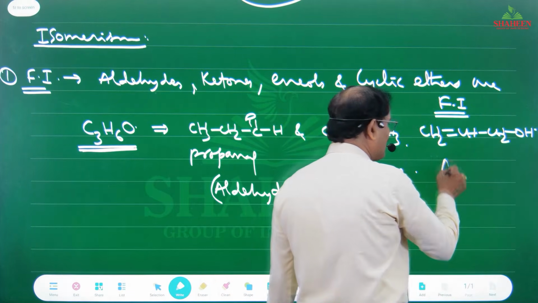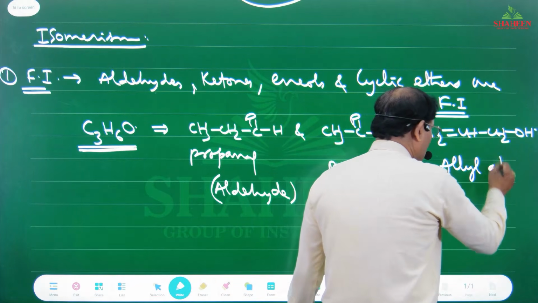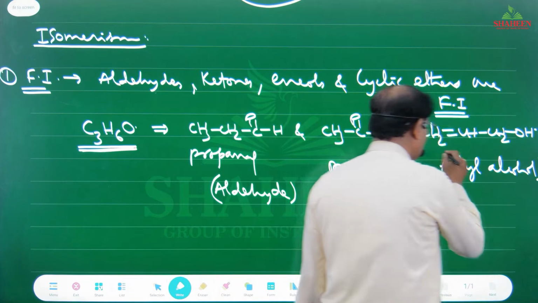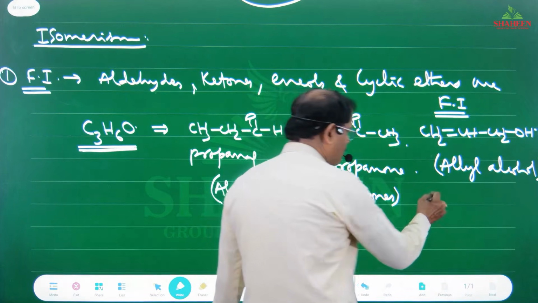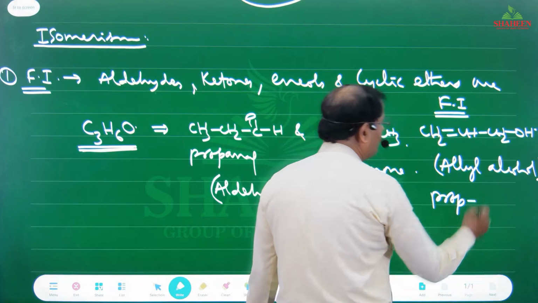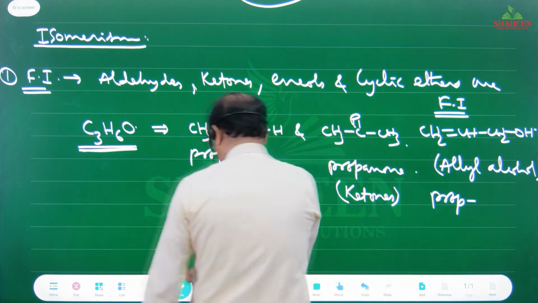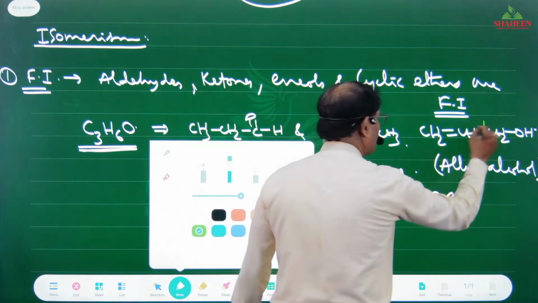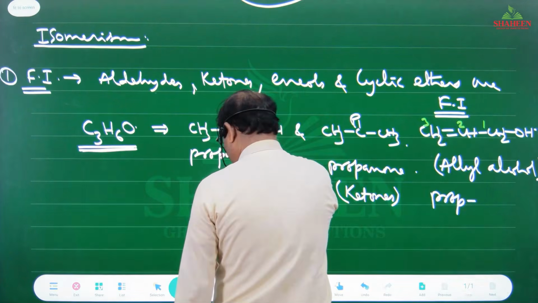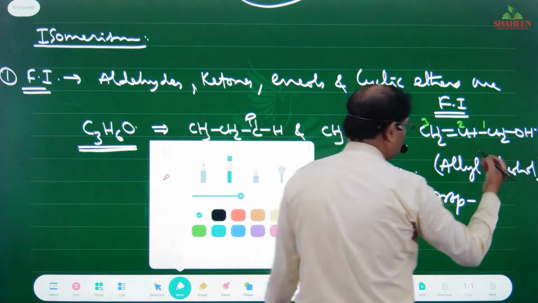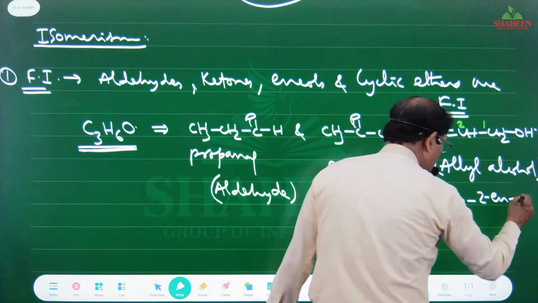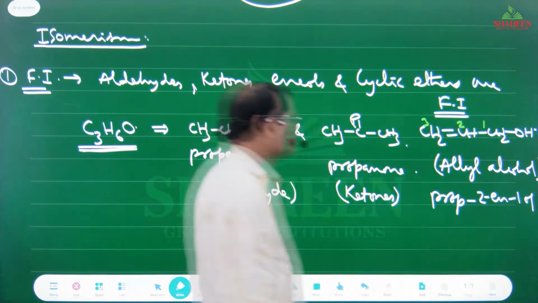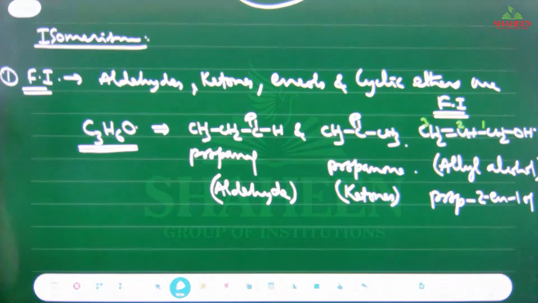This is called allyl alcohol, the common name, and the IUPAC name, with numbering 1, 2, 3, is prop-2-en-1-ol.